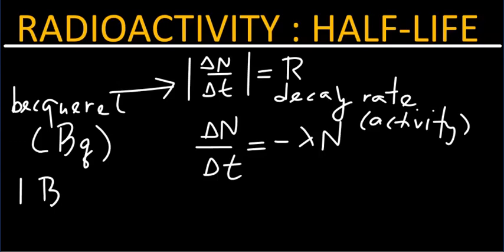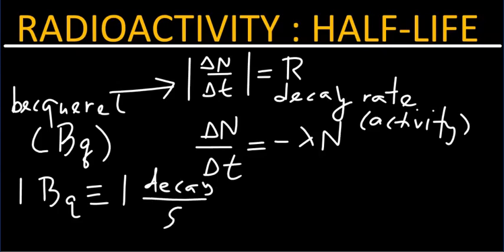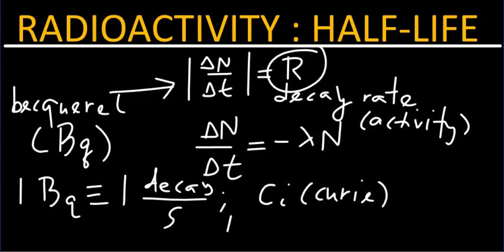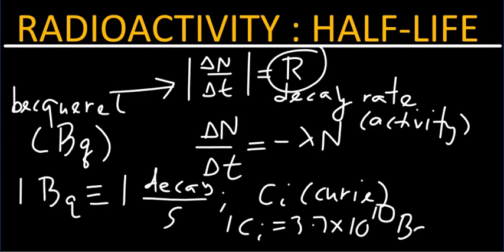So 1 becquerel equals 1 decay per second. The other widely used unit for R is curie, with abbreviation Ci, and 1 curie equals 3.7 times 10 to the power 10 decays per second, or becquerel. So that is the conversion.